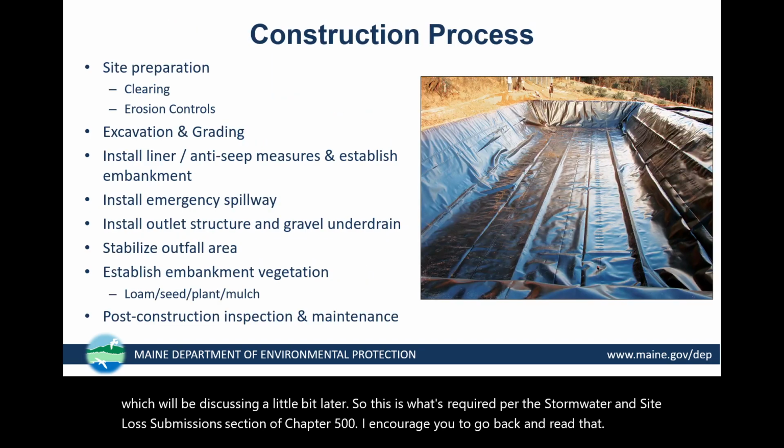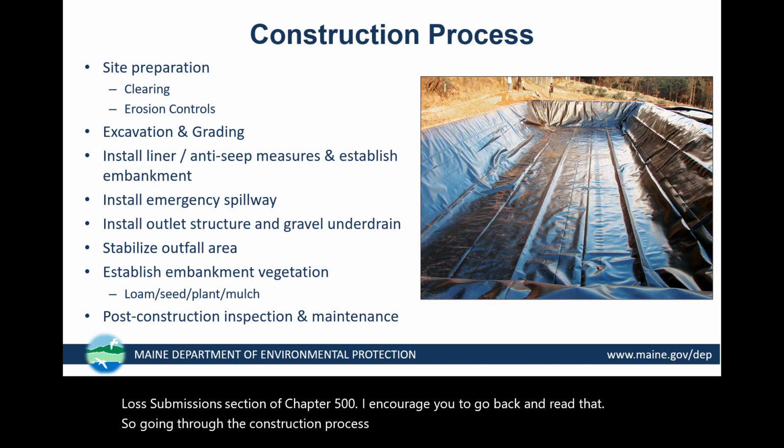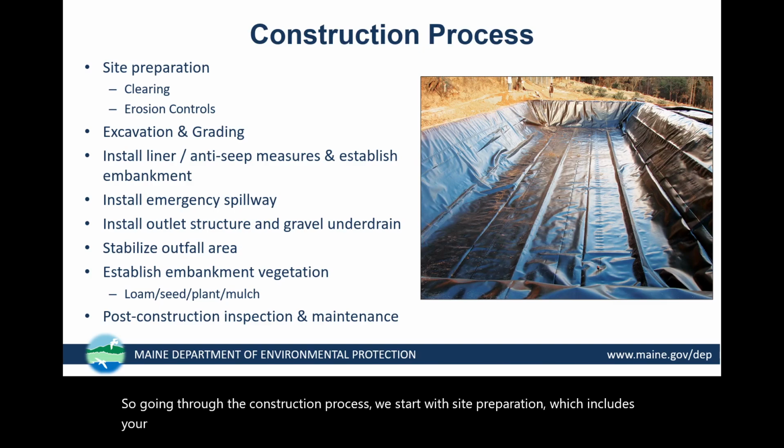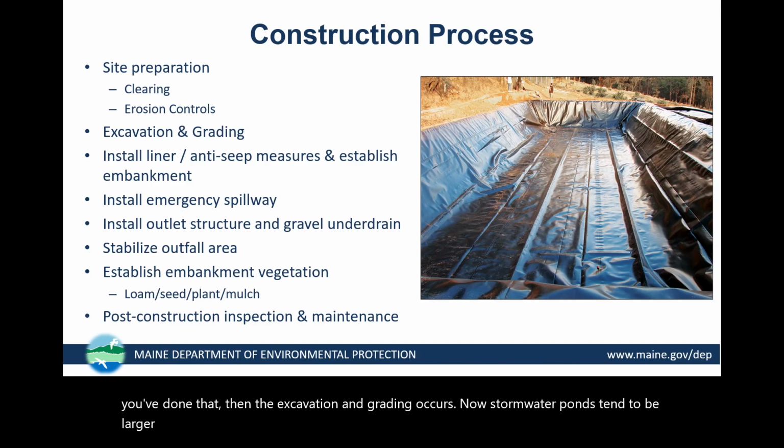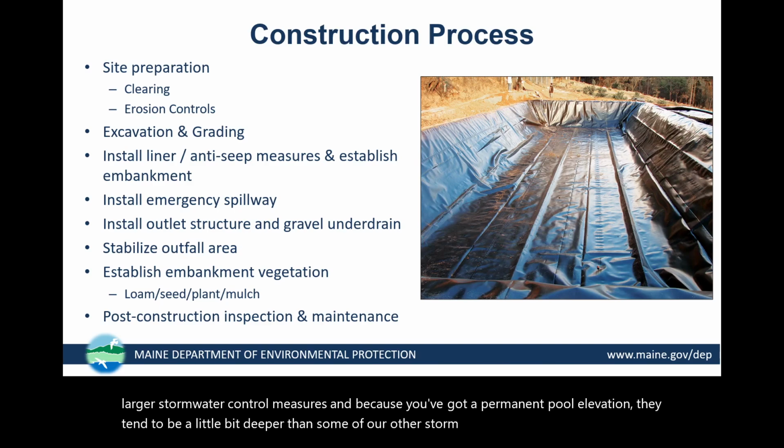So going through the construction process, we start with site preparation, which includes your clearing, establishing perimeter erosion controls and sedimentation controls. After you've done that, then the excavation and grading occurs. Now, stormwater ponds tend to be larger stormwater control measures, and because you've got a permanent pool elevation, they tend to be a little bit deeper than some of our other stormwater control measures.